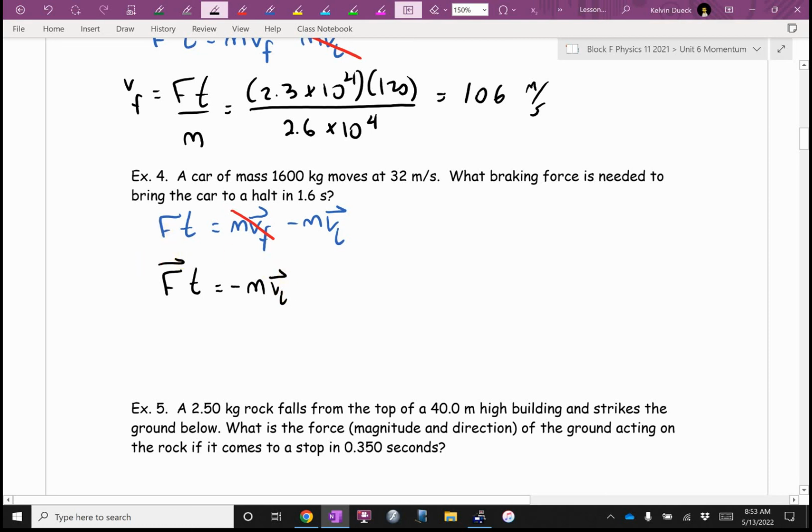Okay, Cole. They want me to find the force. How would I get the F by itself? Quicker. I guess it's going to be negative m v initial over time. It's going to be negative 1600 times 32 divided by 1.6.